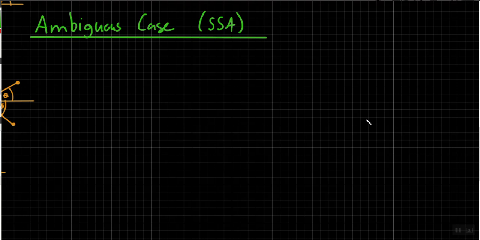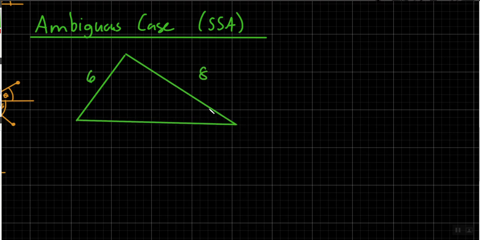Okay, we're gonna make a sketch. We have a triangle, something like this. This is 6. This is 8. This is 30. We're gonna make 2. This one doesn't have to be perfect. Just sketch this normal.